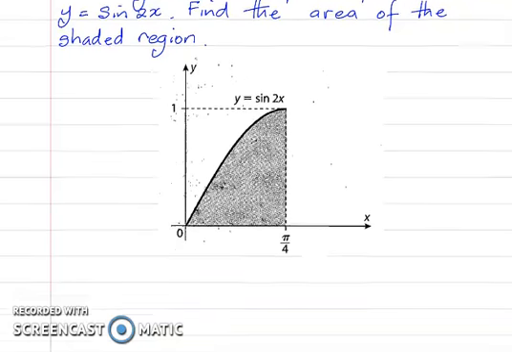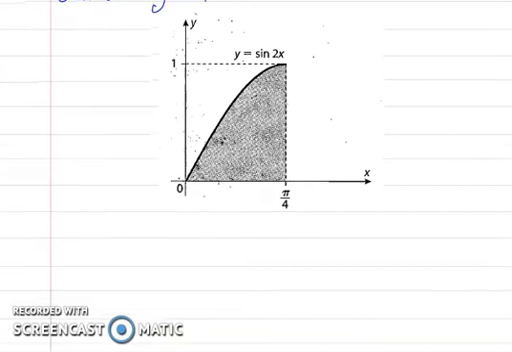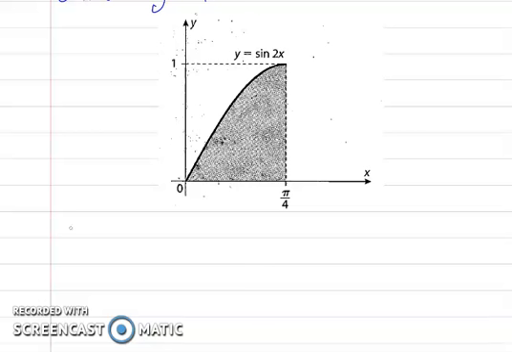All right, and as we already said, this area is equal to the integral from 0 to pi by 4 of y dx.